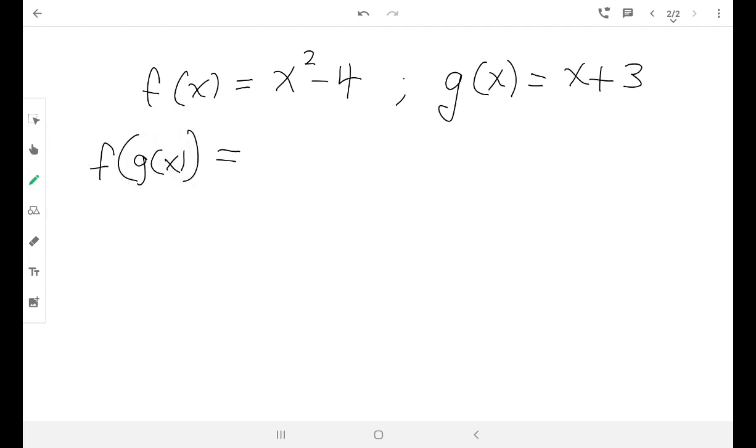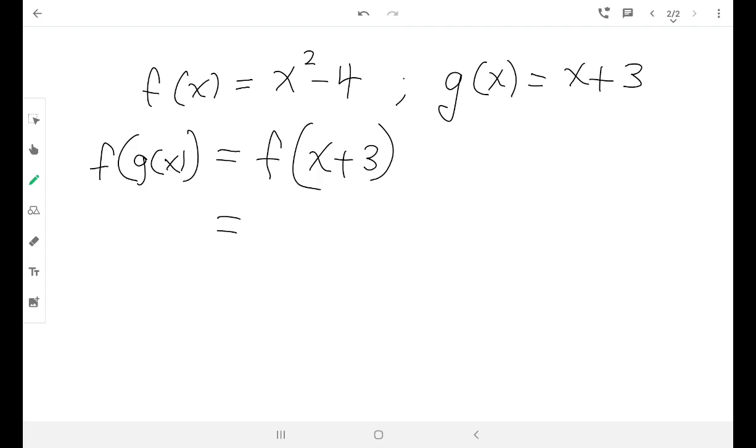I take g, and what it is, I put right there. In other words, I'm going to take this part and put it there. So watch as I do that. I'll do this in black again. So this will be f of, that part, this part here doesn't change yet, x plus 3. Do you see how this went there? Because that is what g of x is.